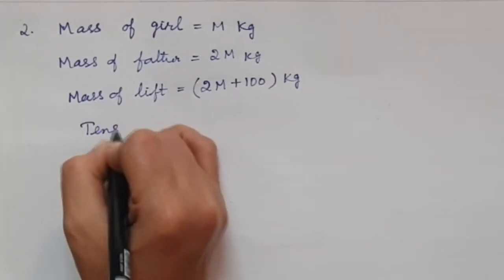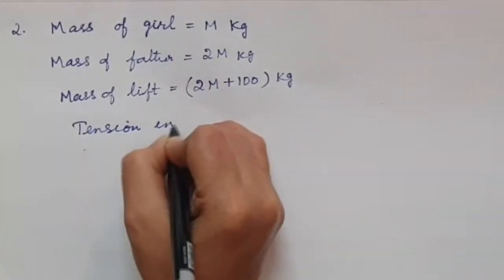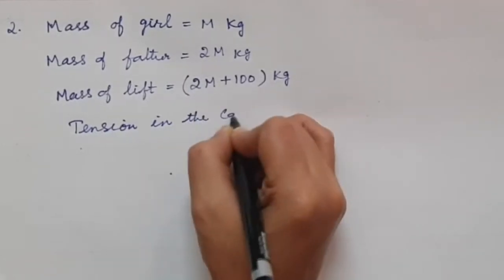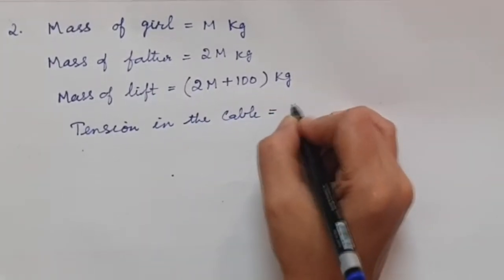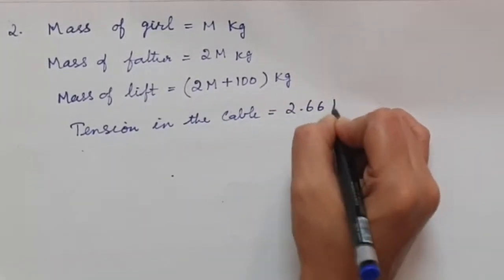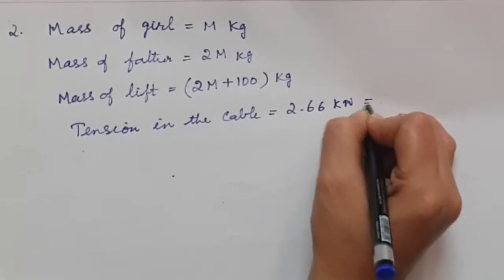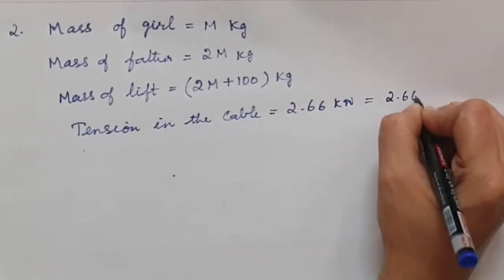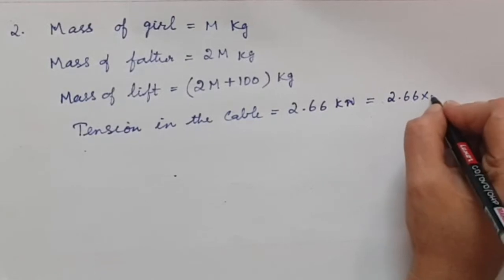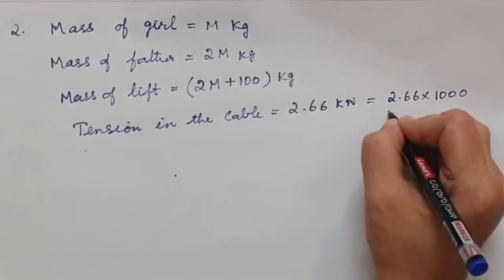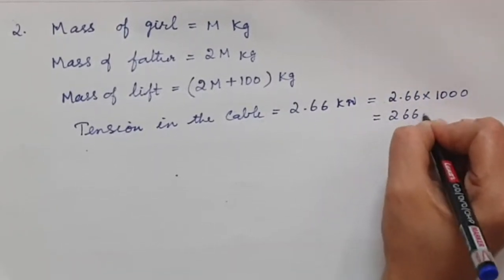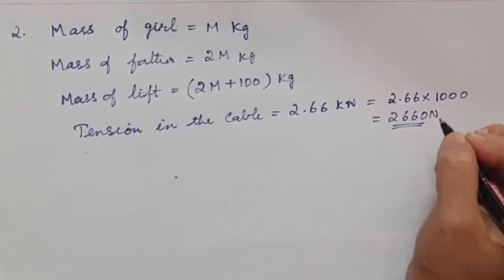Tension in the cable will be equal to 2.66 kilonewton. That is equal to 2.66 into 1000, that is 2660 Newton.